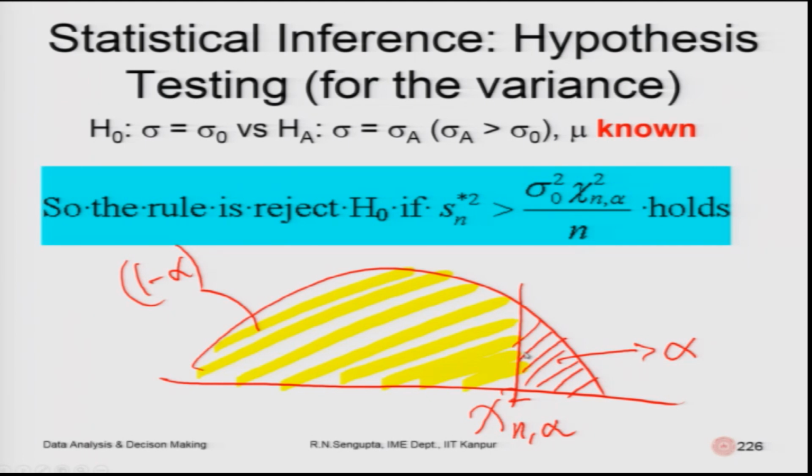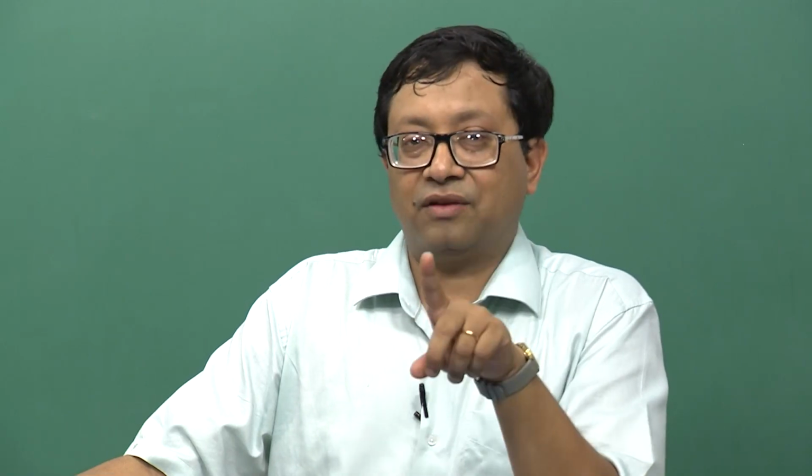In this case, remember again the rule is S dash square is greater than sigma square naught into chi square n, alpha by n, but now note down an important thing, it is alpha and n, not 1 minus alpha. This is the nomenclature. So, alpha is the area still to be covered onto the right. In the case when you had the z distribution, the z values were symmetric, that is why they could be written down as minus z alpha and plus z alpha.